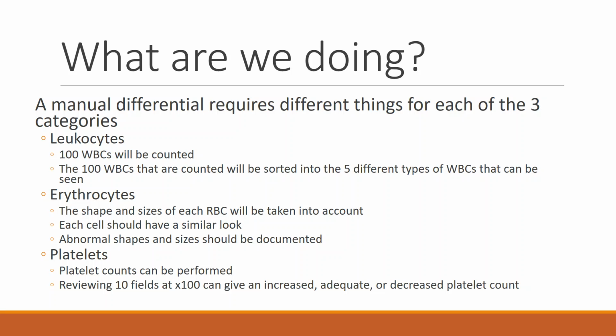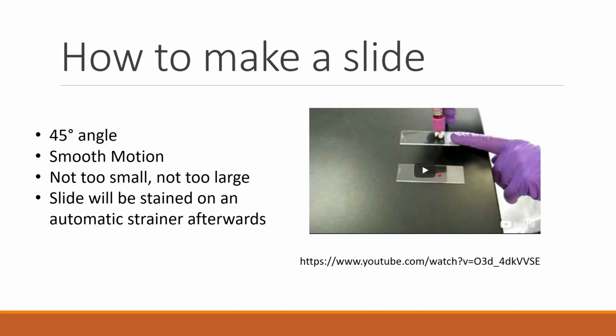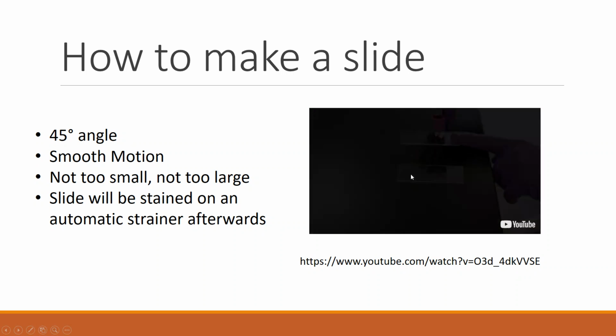When we do platelets, we're going to be doing platelet counts. We'll be reviewing 10 fields at 100x on the microscope, and we'll get an average platelet estimate, and then we'll estimate whether it's going to be an increased, adequate, or decreased platelet count for the patient.